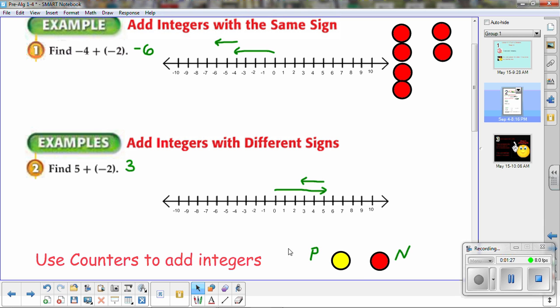If we go back to the second example, we're going to start with 5 positives. So here's 5 positive counters. And then add 2 negatives.